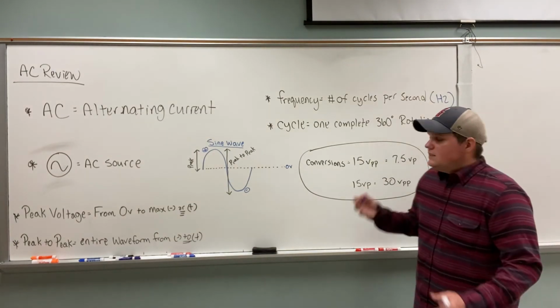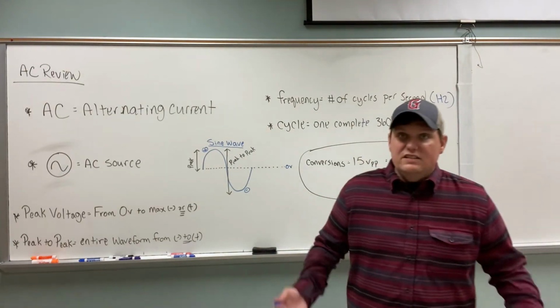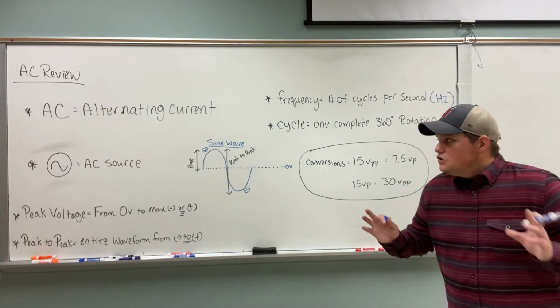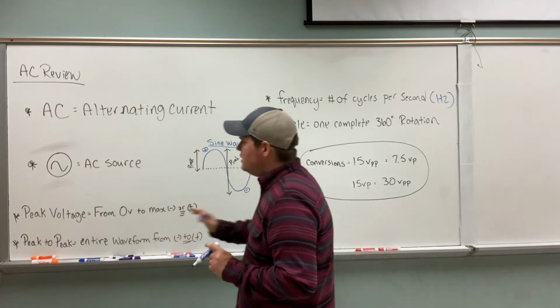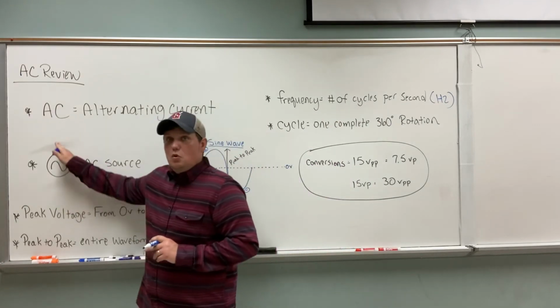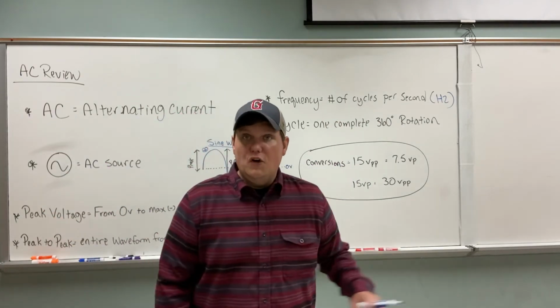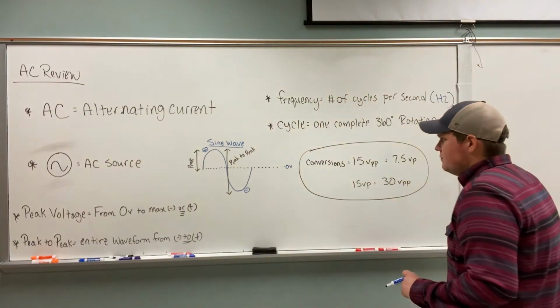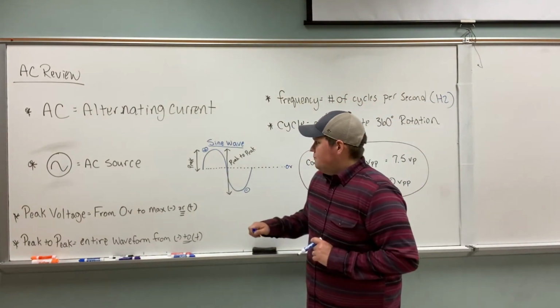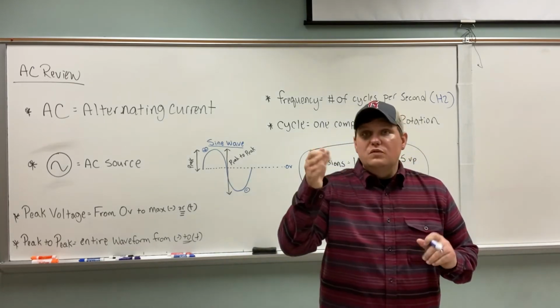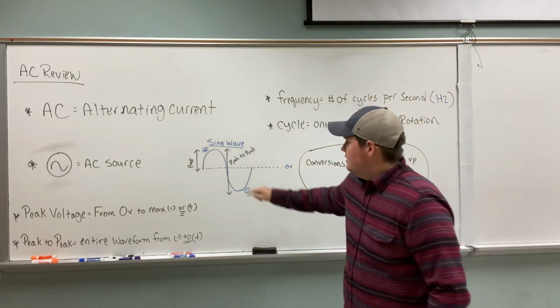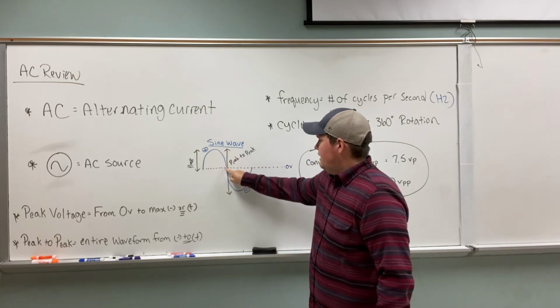Okay, so frequency plays a big part in the AC world. Okay, so back over here to the AC, let's talk a little bit about how this source would actually work in a circuit. So we have in a circuit what we call the upswing and the downswing. This is our upswing.